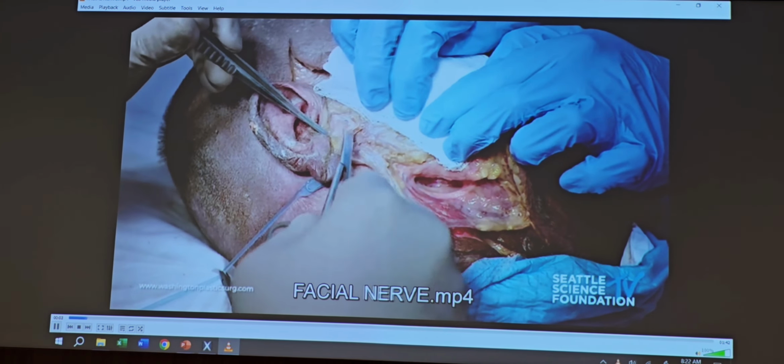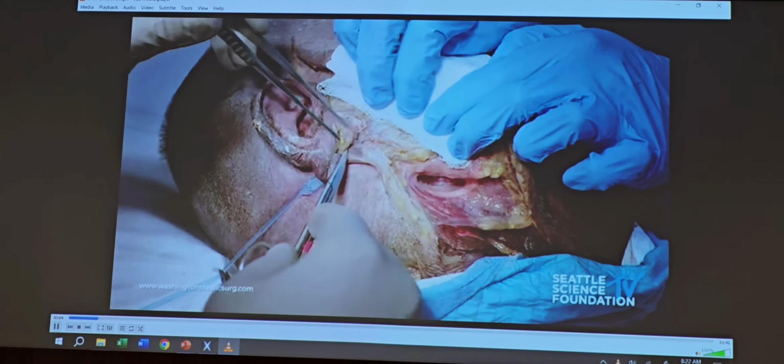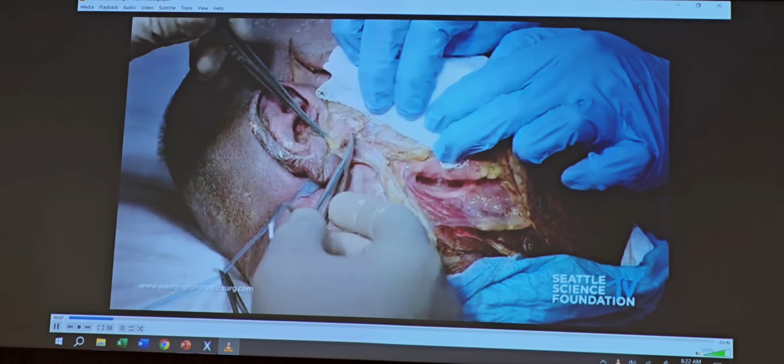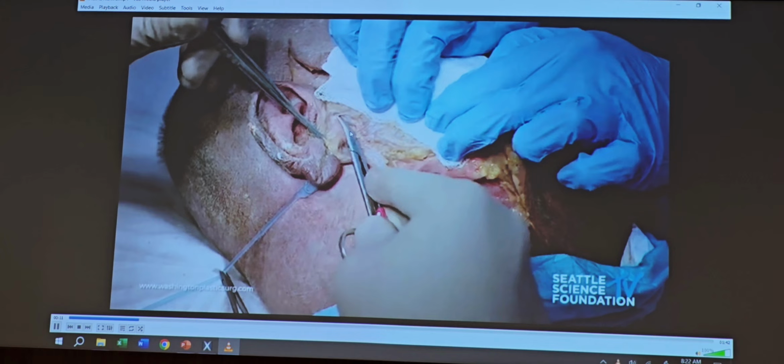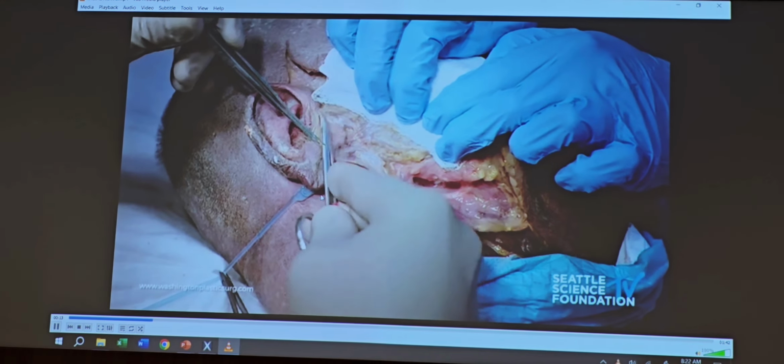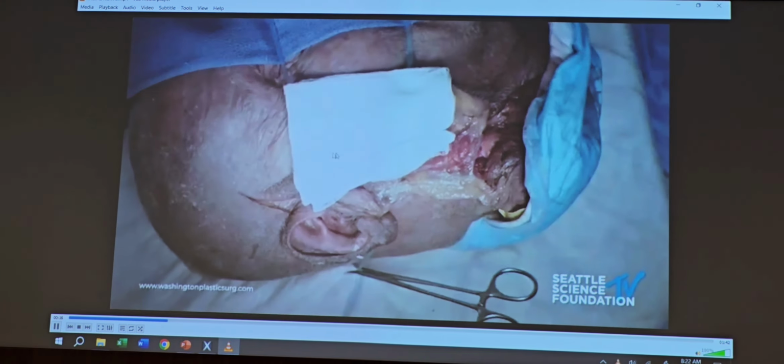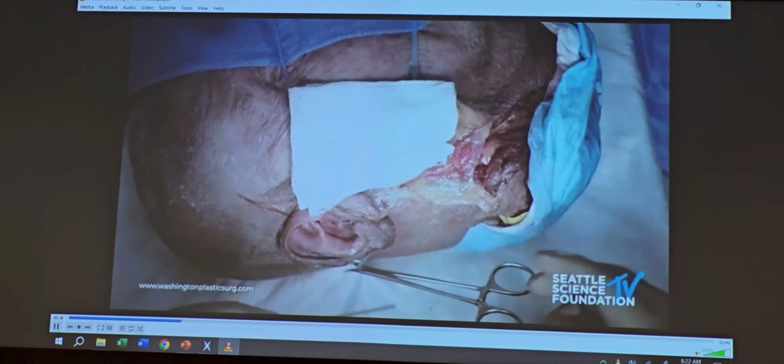So here you can see the dissection of the tragal pointer. The tragal pointer is basically a conical tip at the medial-most part of the tragus. And the facial nerve will be 1 centimeter inferior and deep to it.